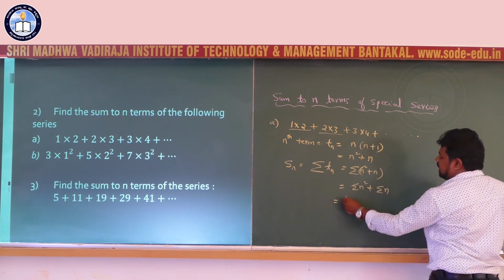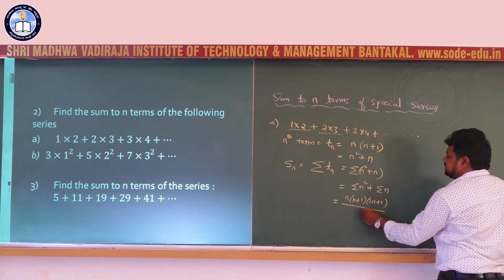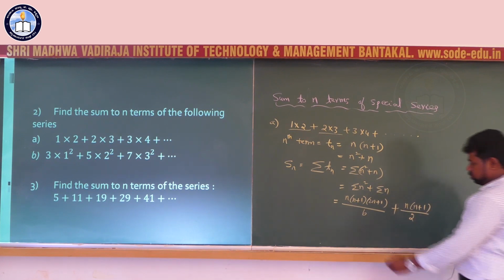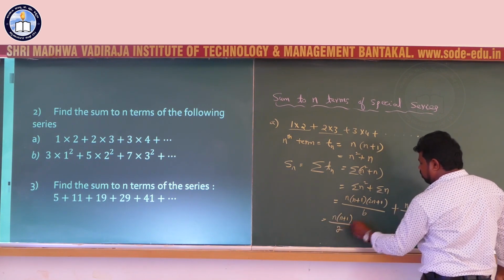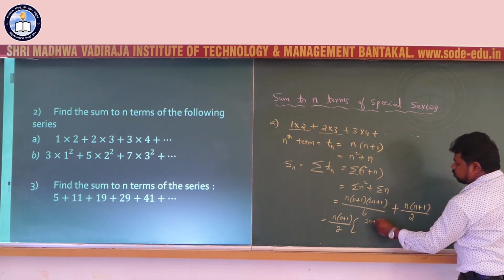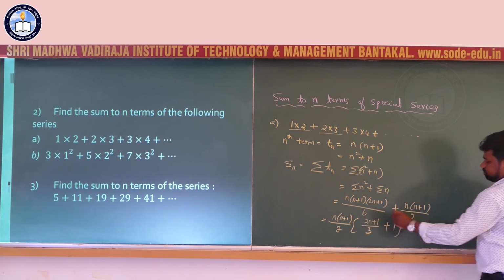Summation n square formula n into n plus 1 into 2n plus 1 by 6 plus summation n, n into n plus 1 by 2. I take n into n plus 1 by 2 outside, that is common in both the terms. Here 2n plus 1 by 3 is remaining plus 1.